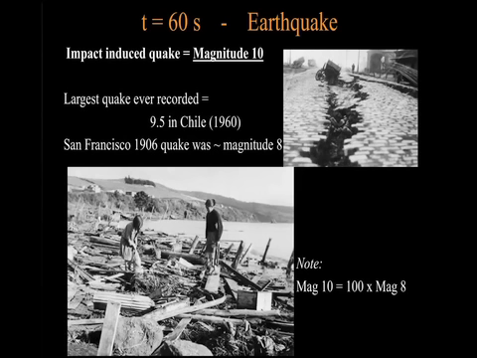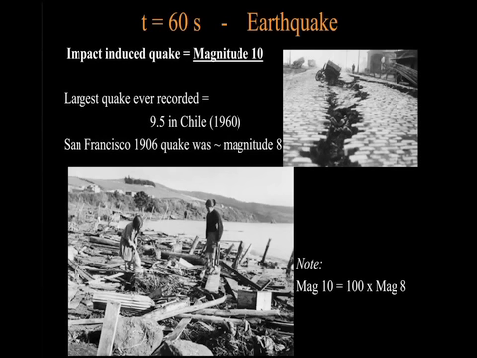After that, at 60 seconds after impact, we get the earthquake. Now it's going to be a magnitude 10 earthquake. We have never experienced a magnitude 10 earthquake on Earth in recorded history. The largest we've recorded is a 9.5 in Chile in 1960.